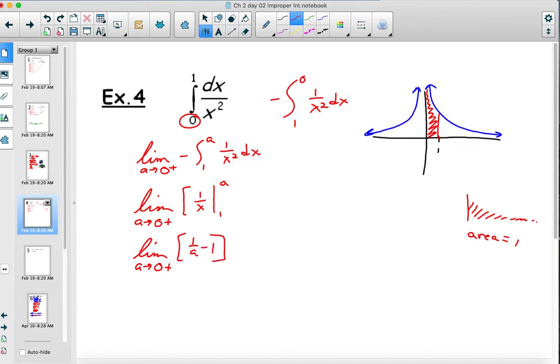Now as a approaches 0 from the right, we're getting smaller and smaller positive numbers. So what is 1 over a? As a gets smaller, like when a is 1/10, then 1 over a is going to equal 10.